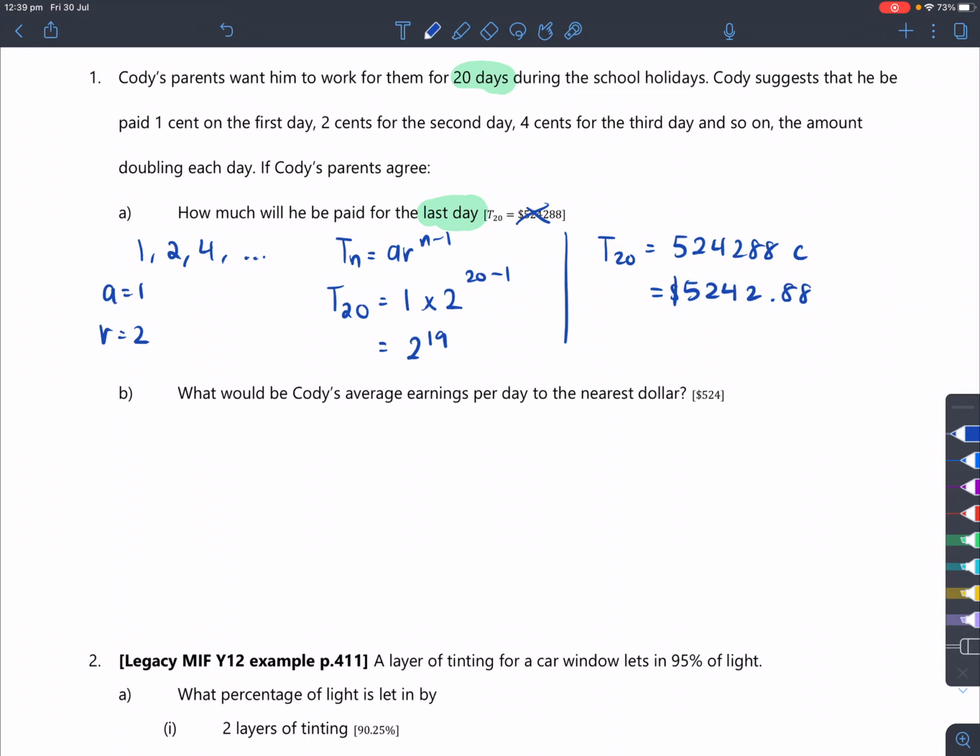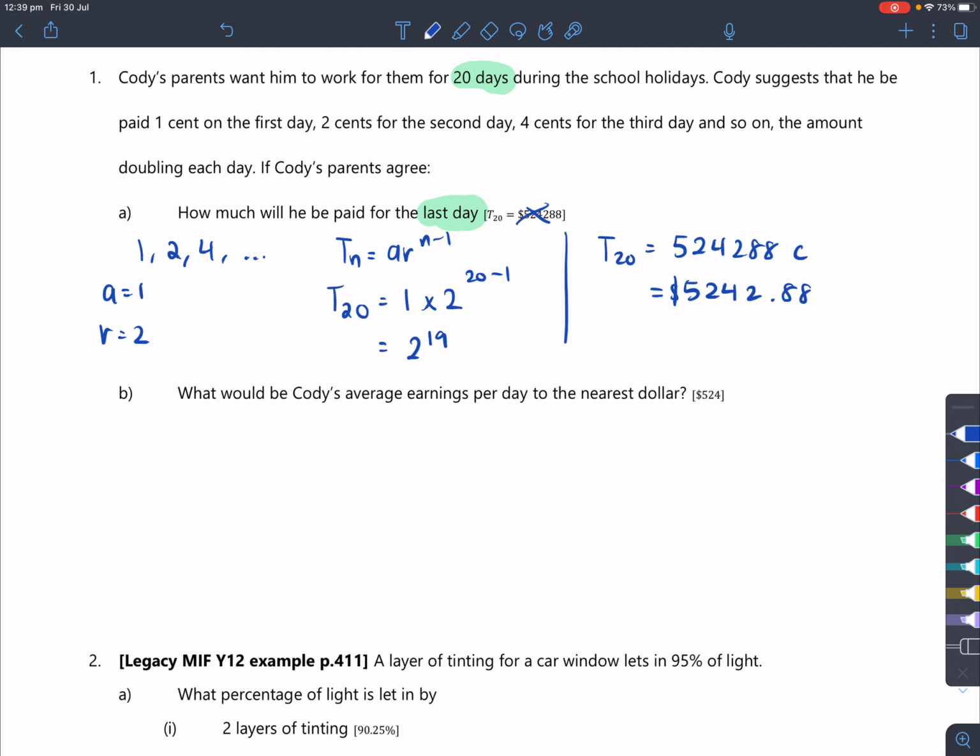Question B. What were Cody's average earnings per day to the nearest dollar? To get his average earnings, you need to find out the total earnings first of all. So this will be S20.